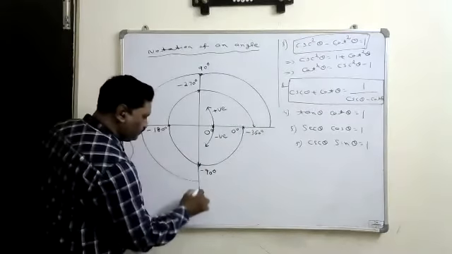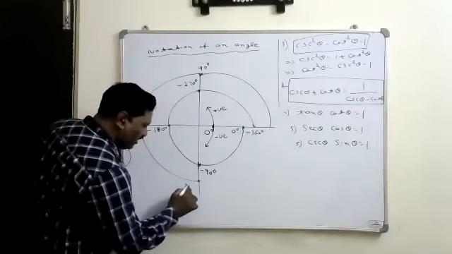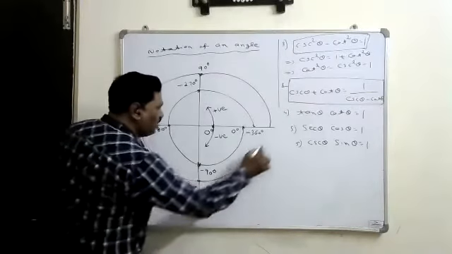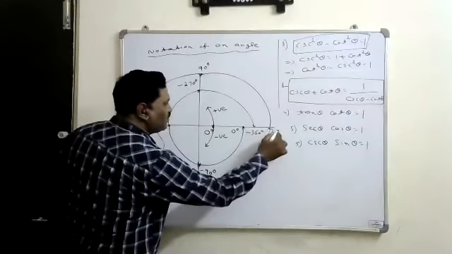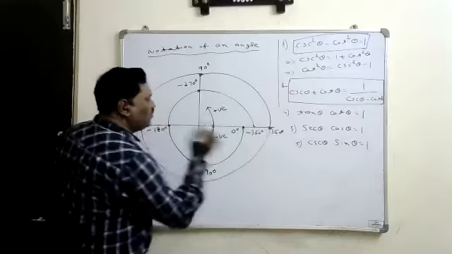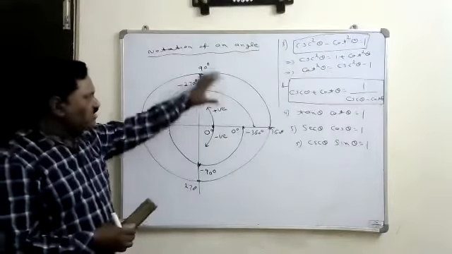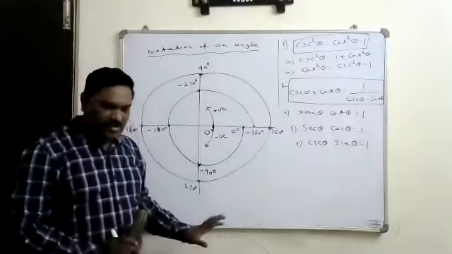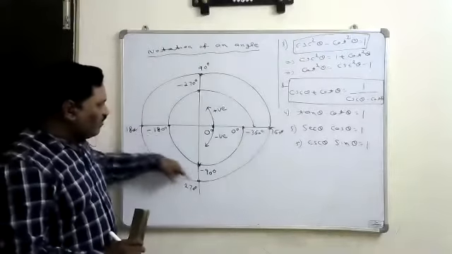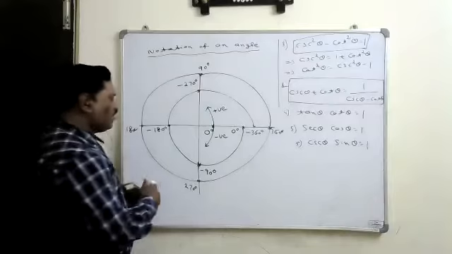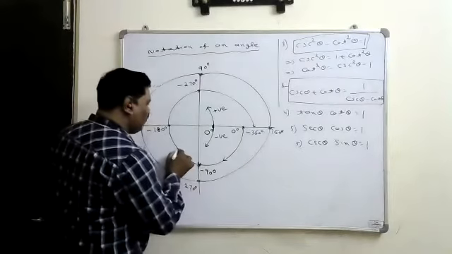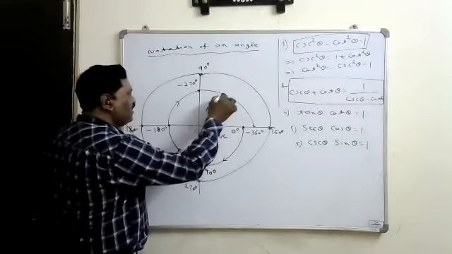Up to here? 270. And up to here? 360 degrees. So if we measure the angle in the anti-clockwise sense, we consider those angles positive. If you measure them in the clockwise sense, those are negative angles, and you have to give the negative sign for them.